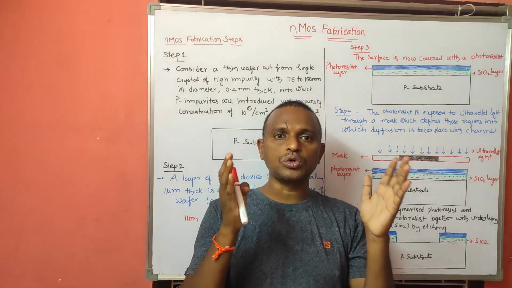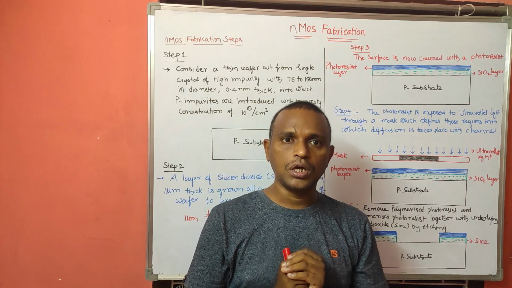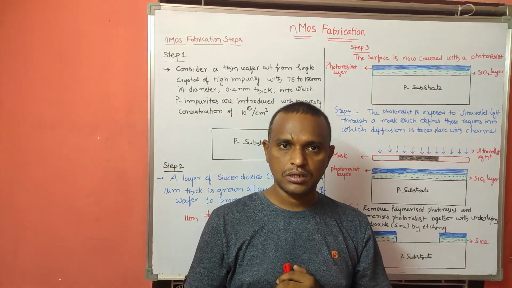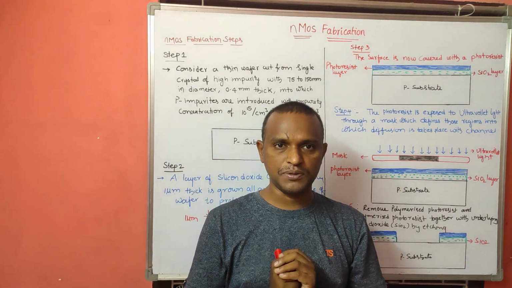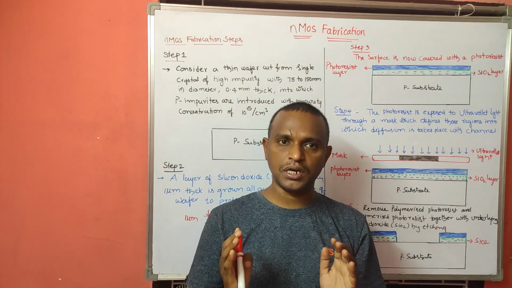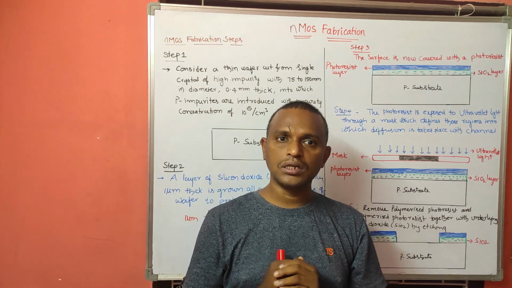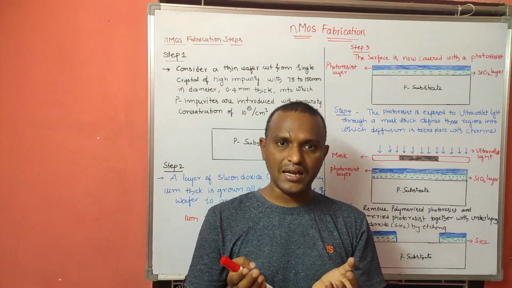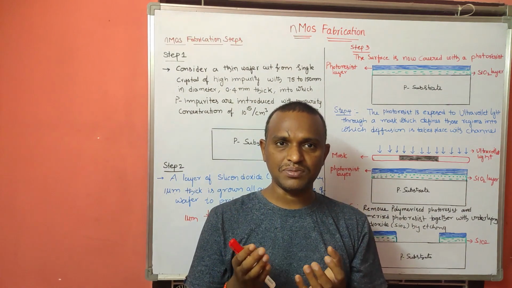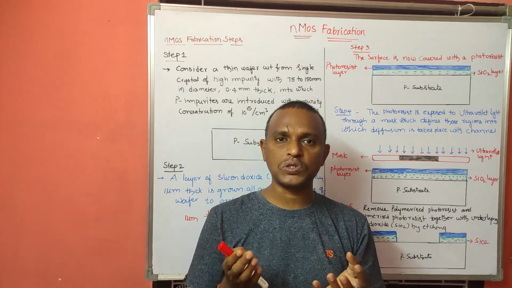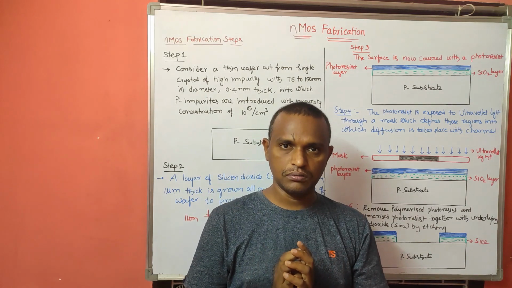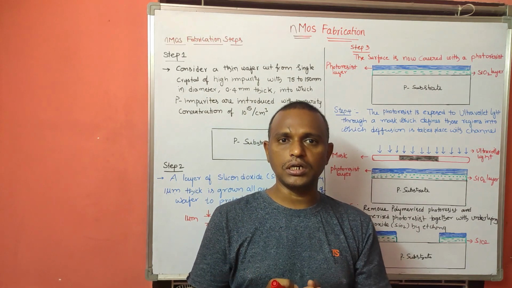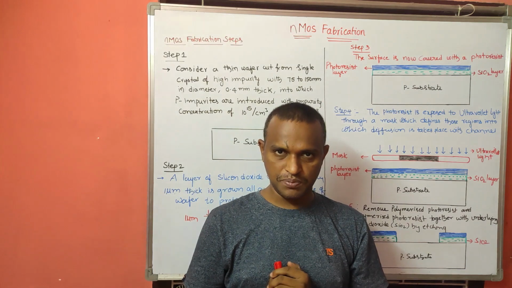into that pure silicon wafer, if you send the dopants, here we require the p-type semiconductor, p-type substrate, so we will send trivalent atoms. Trivalent atoms are the dopants or impurities on the pure silicon wafer, so that there will be a formation of p substrate.